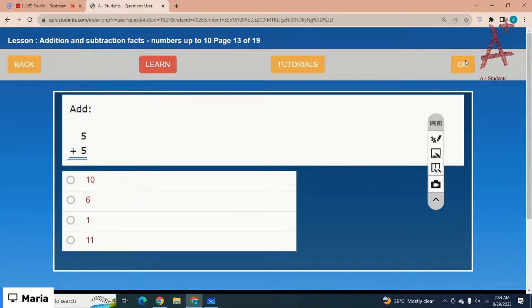So start with 5, go forward 5. So the correct option is 5 plus 5 equals 10. The correct option is 10.